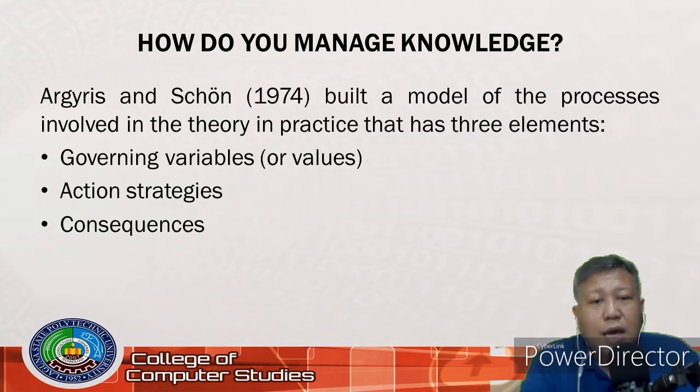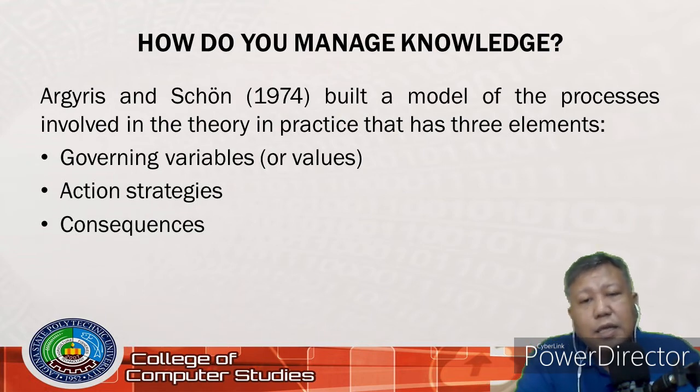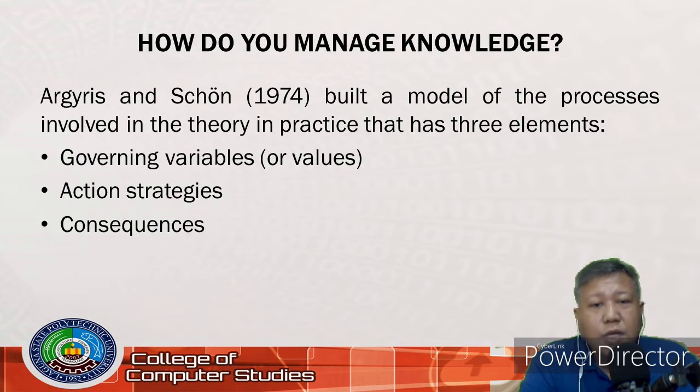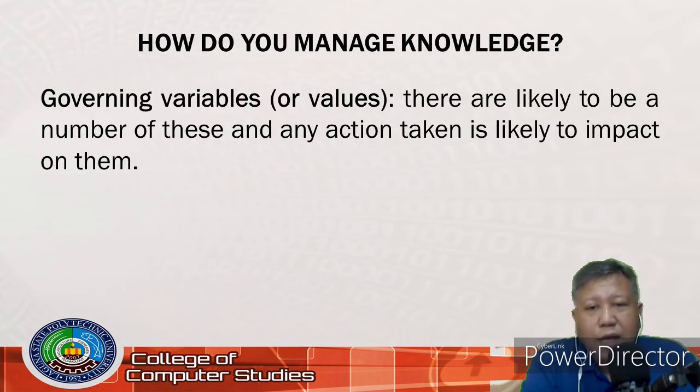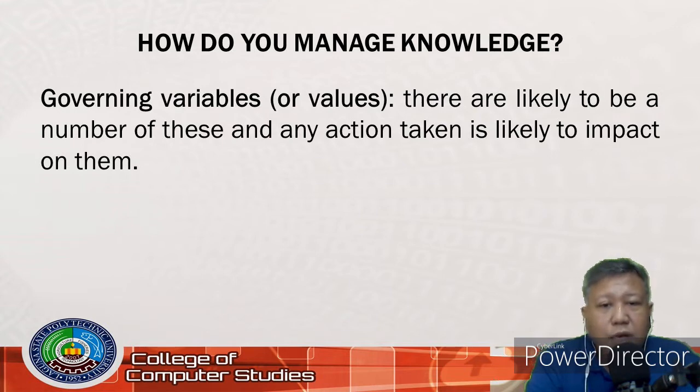So sabi ni Argyris at ni Schön sa kanilang book noong 1974, they built a model of the processes involved in the theory in practice that has three elements. Number one is governing variables or values, action strategies, and consequences. Yung sinasabing governing values or variables, there are likely to be a number of these, and in any action taken is likely to impact on them.